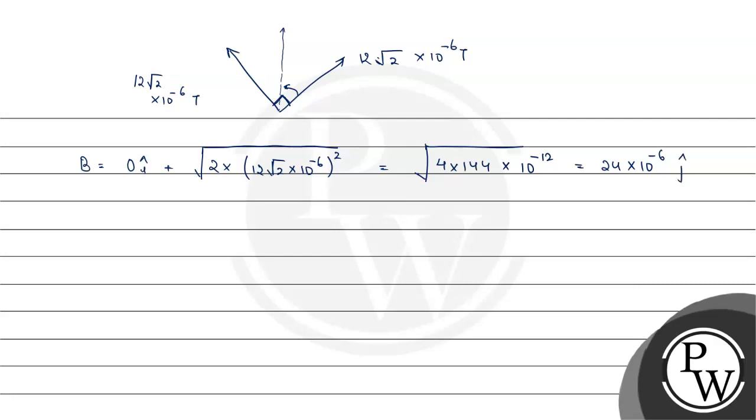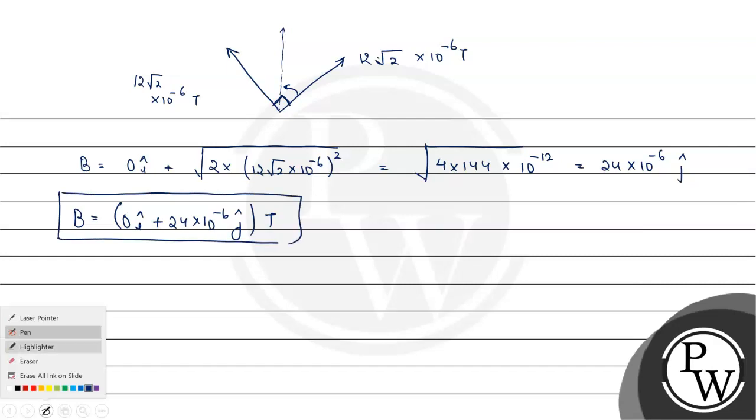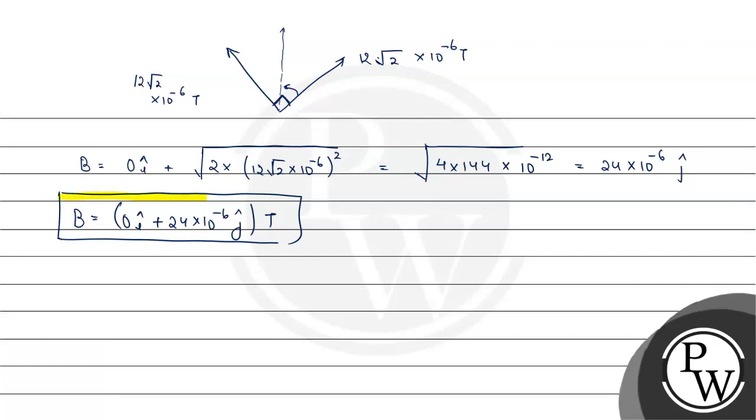Hence we can write the value of B equal to 0 i cap plus 24 into 10 to the power minus 6 j cap Tesla. So this is the final answer of our solution. I hope you understood it well. Thank you.